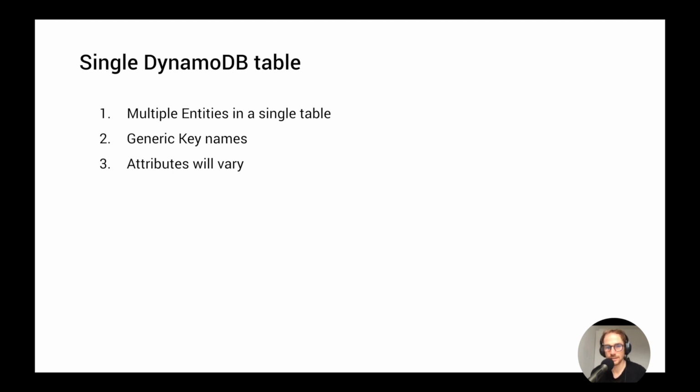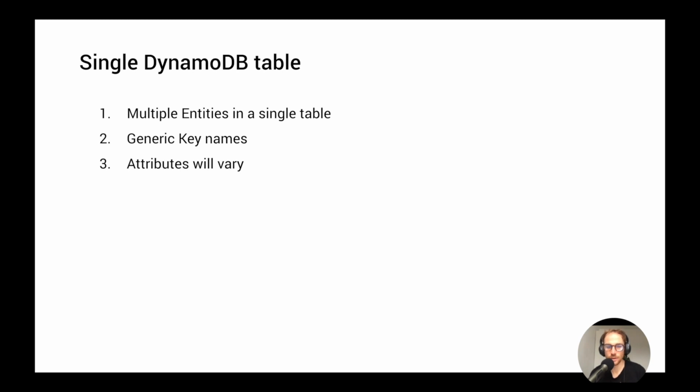And you will do that, first of all, by using generic key names for the partition key and sort key values. I would say in 95% of cases you will use a composite key in DynamoDB, so it's going to have a partition key and sort key, and you can call them PK and SK. So very generic key names.